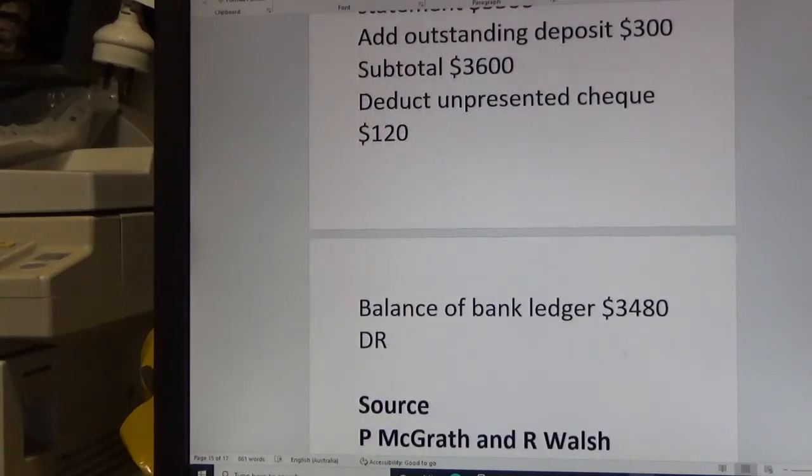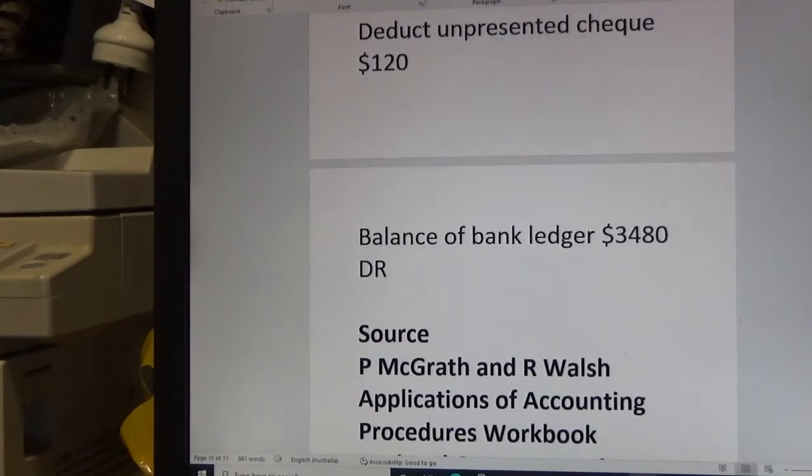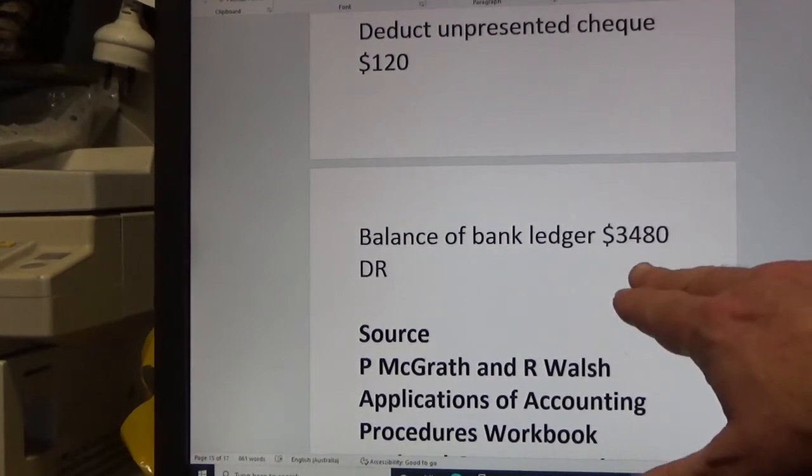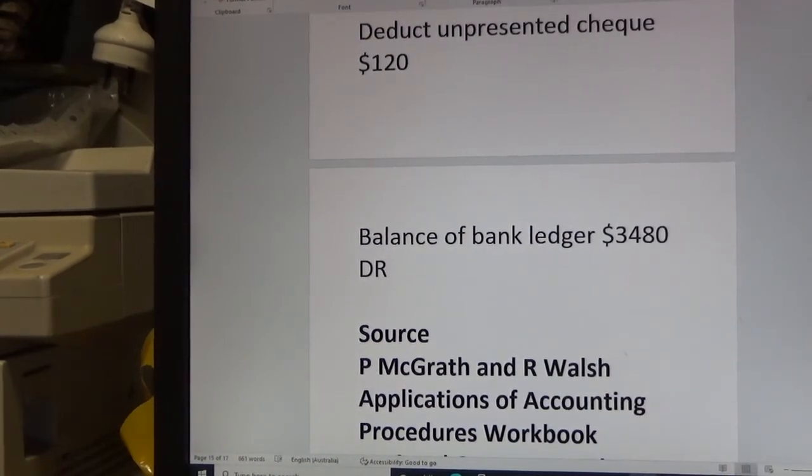So our closing balance in the bank reconciliation is 3,480 debit balance from our perspective, the cash book. If we were talking about the bank statement, it would be 3,480 as a credit item.